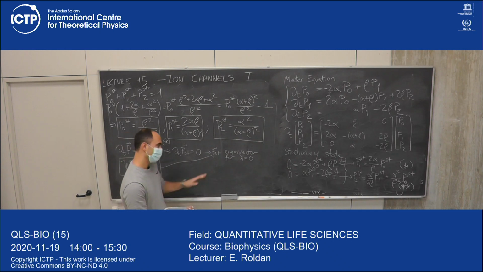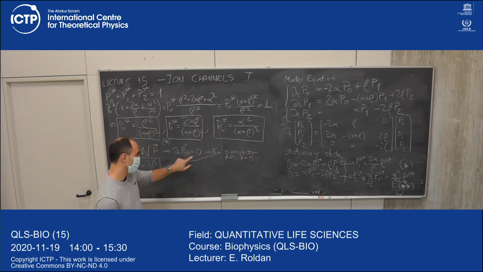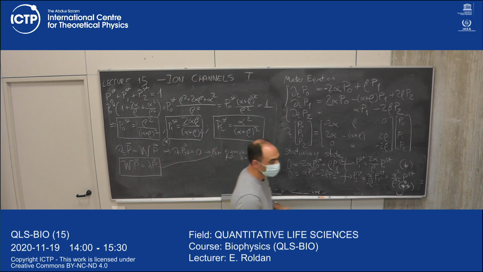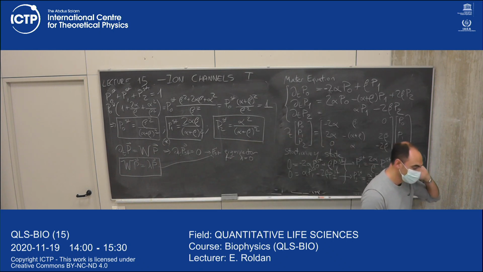And the eigenvector with lambda 0 is the stationary distribution. Right. From here, yes. What happens if the eigenvalue is a complex number? Then you will have oscillations.